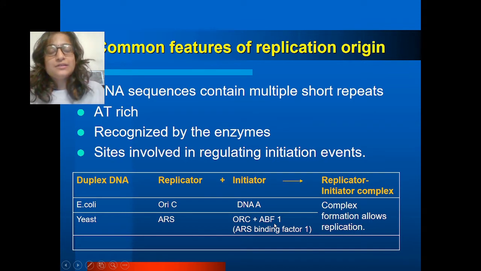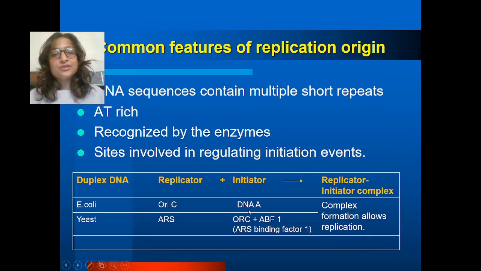We will see the details of these initiators a little later, but as of now you just try to understand that until and unless your replicator or your ori is bound by certain enzymes or proteins, the replication cannot initiate.